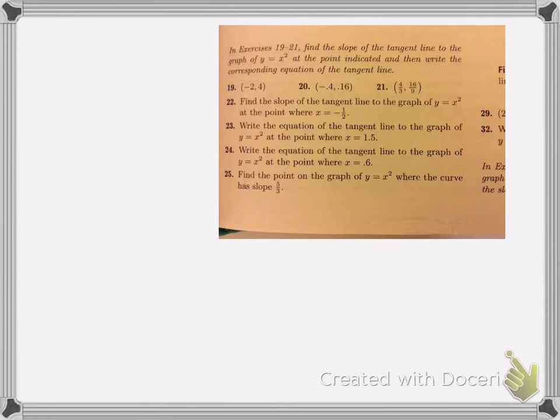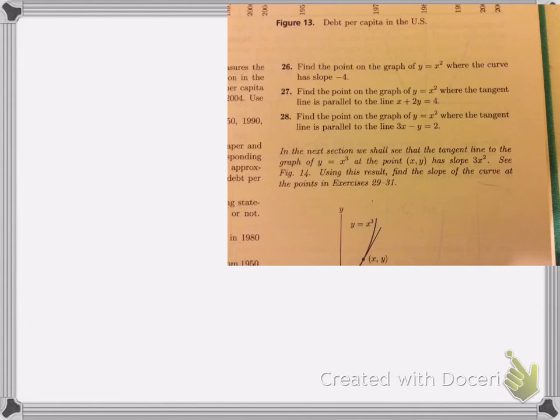Okay, so I posted the wrong thing there, so hang on, let me just redo this. Okay, question number 27 is a little bit more challenging. For 27 it says, find the point on the graph of y equals x squared, that's the same, where the tangent line is parallel to the line x plus 2y equals 4.